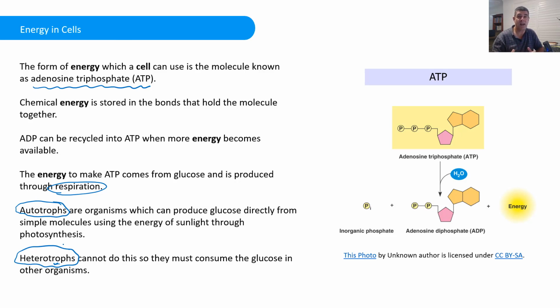Autotrophs are capable of feeding themselves, that is, organisms that can convert the light energy from the sun into a chemical form through photosynthesis. Heterotrophs have to eat their food. They've got to consume the energy that they need. They've got to consume that glucose, or get it into their cells in one way or another, in order to have that energy source available that they can then convert into ATP.